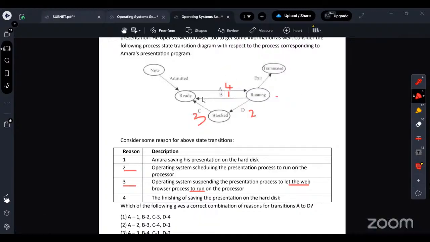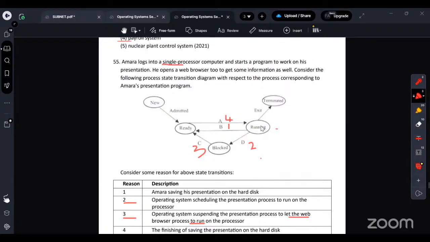So in A, what is happening? It's going from ready to running, right? Okay, just hold on this question.